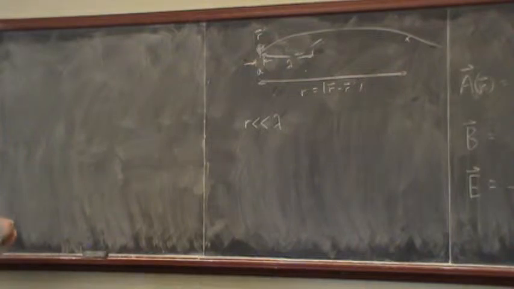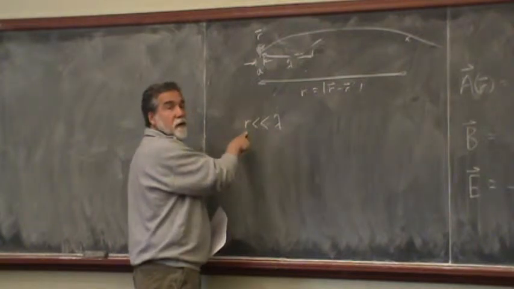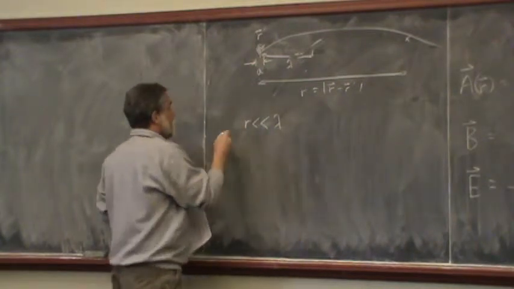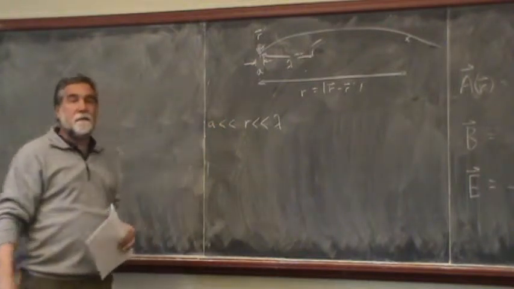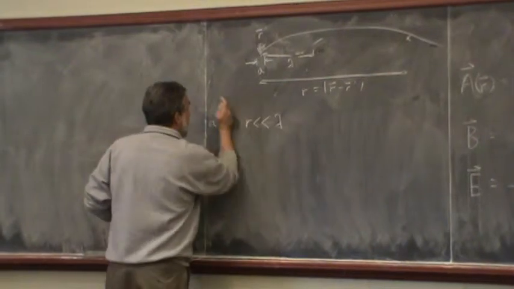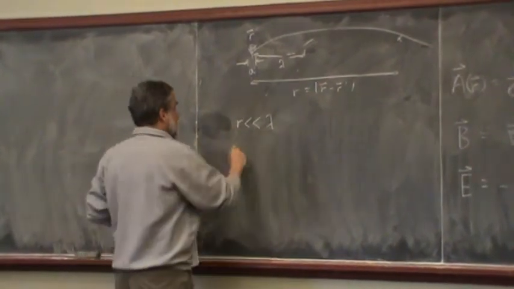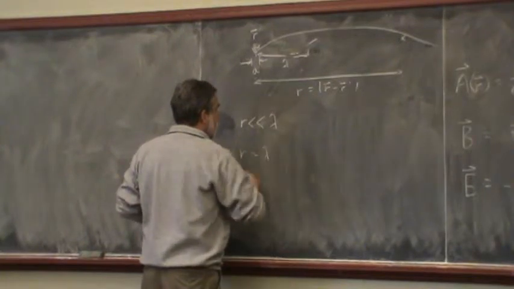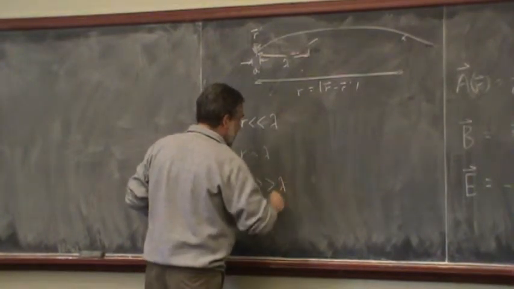Thousands of meters. So the wavelength can be much, much greater than R, and R much, much greater than A. But I'll stick for the moment to this situation: R of the order of the wavelength, and R much, much greater than the wavelength.